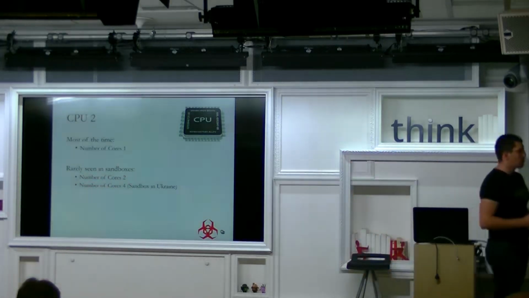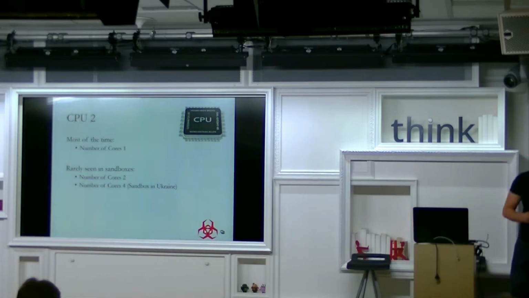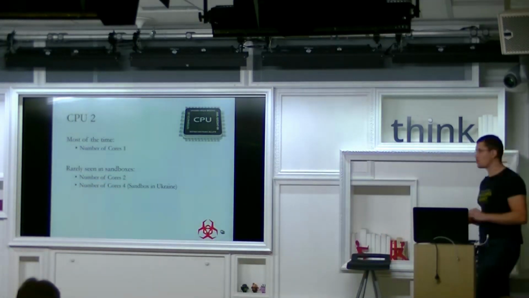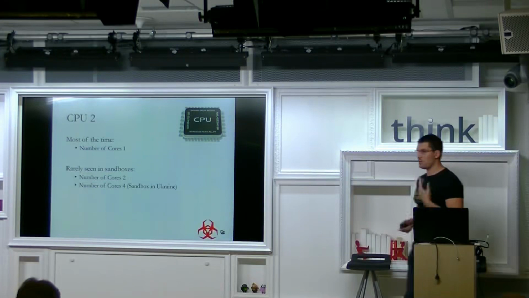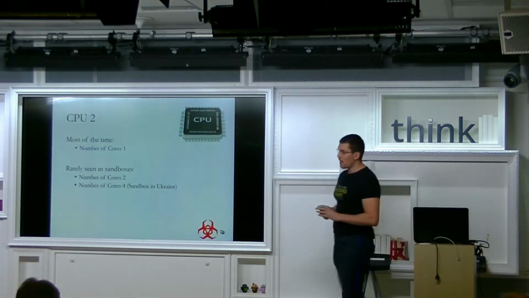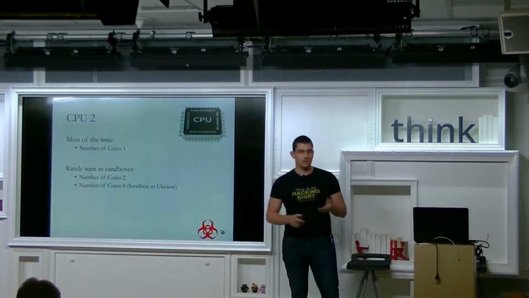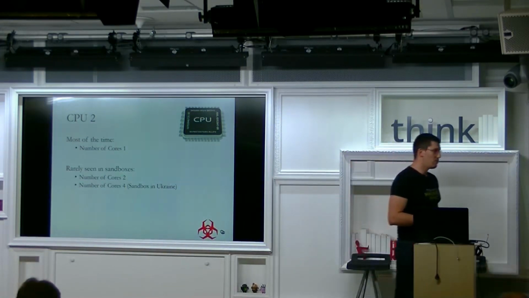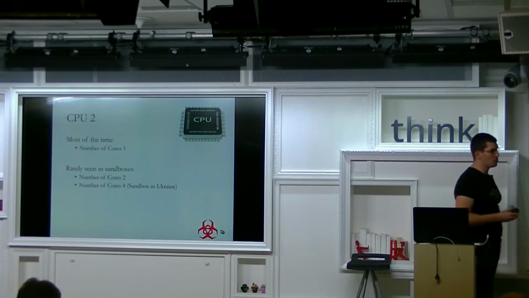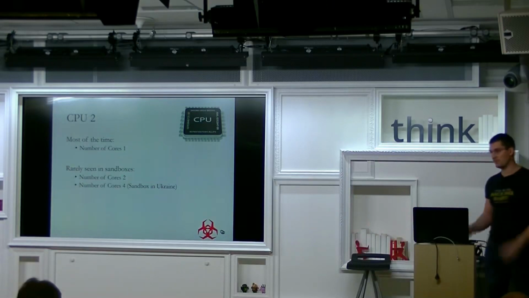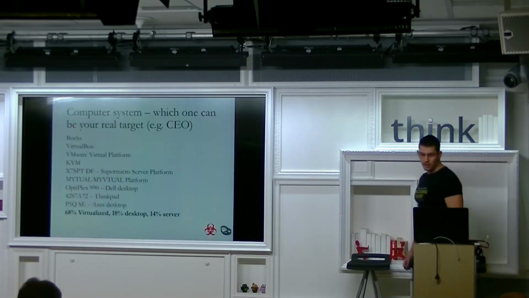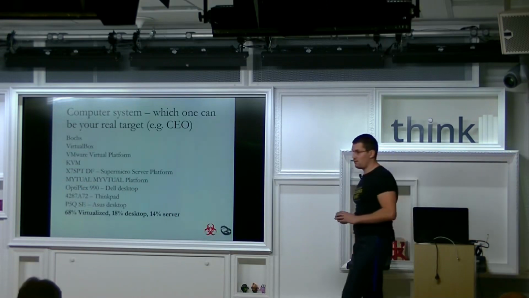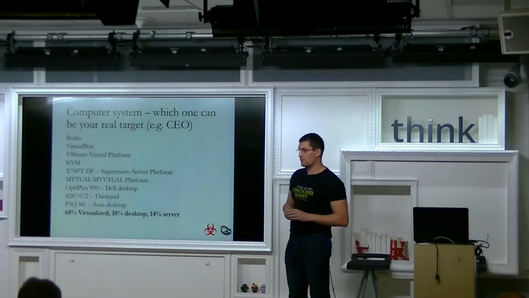It is again a well-known way to detect sandboxes, at least among penetration testers, to check the number of cores of the processor. It turned out that it works, but not every time. For example, I have seen one sandbox from Ukraine which used 4 cores, or at least it faked it. I have also checked the computer system.